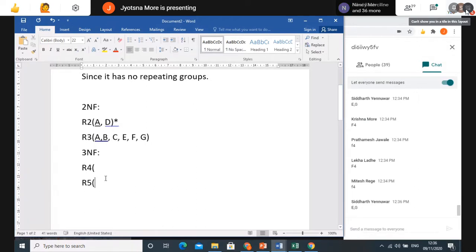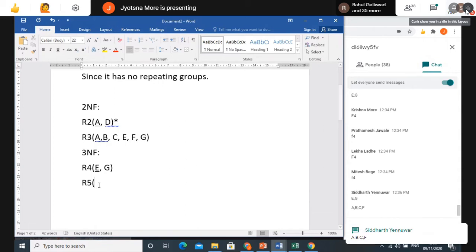So my R4 will be E comma G, whereas E will be my primary key for this table. Okay, so it is a new table I will have in my database design. So E determines G. As per that, what will be R5 now? Anyone? R5 is A, B, C, F.